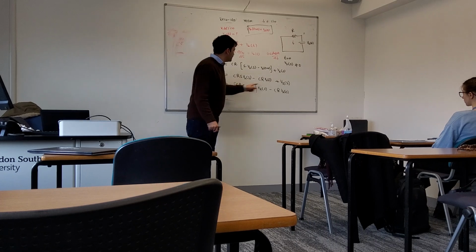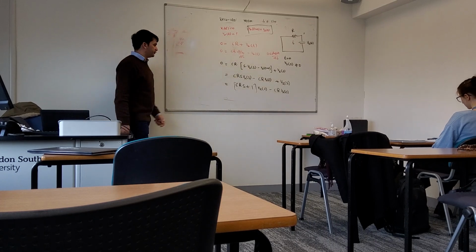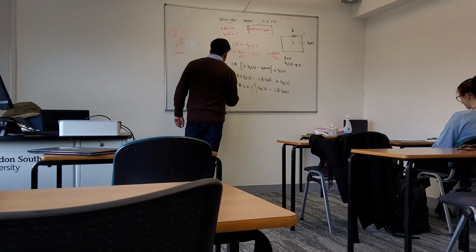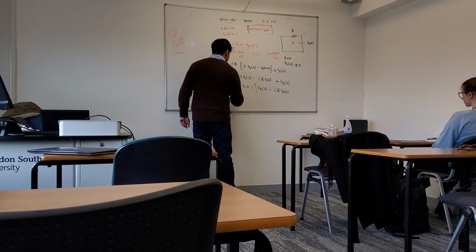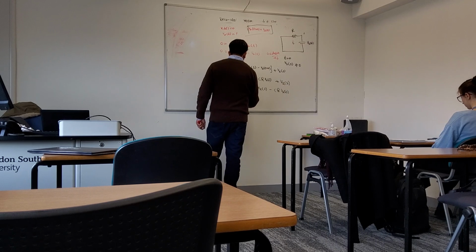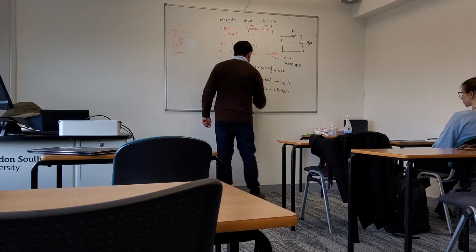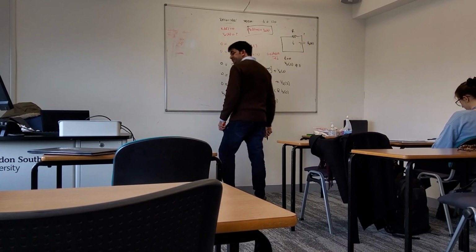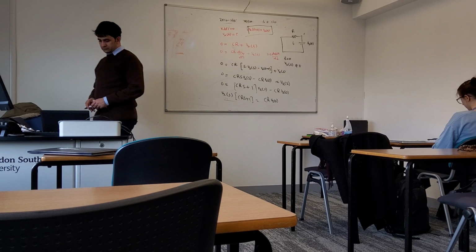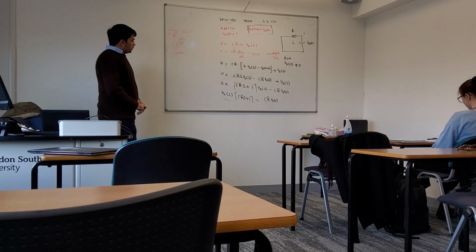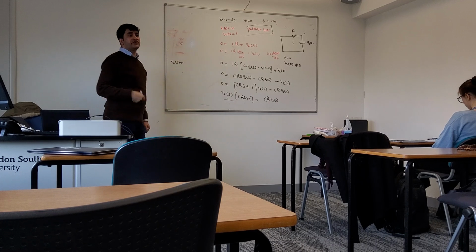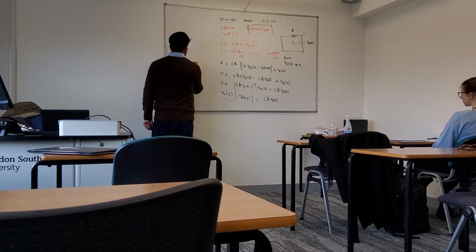I just combine the V2 of S because my main objective is to find V2 of S. So if I take it on the other side, V2 of S times CRS plus 1 equals CR V2 of 0, right? If I take it here, it would be V2 of S, because my main objective is to find somehow V2 of t. So that's why I am trying to rearrange it.